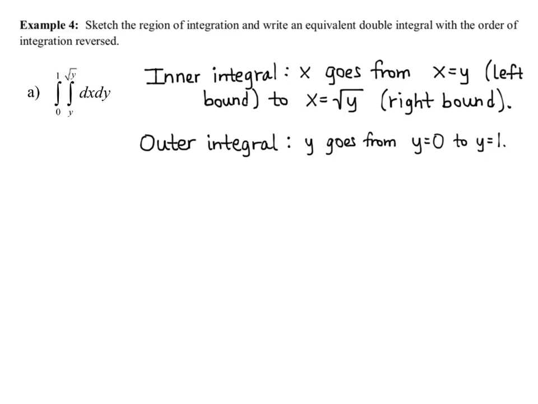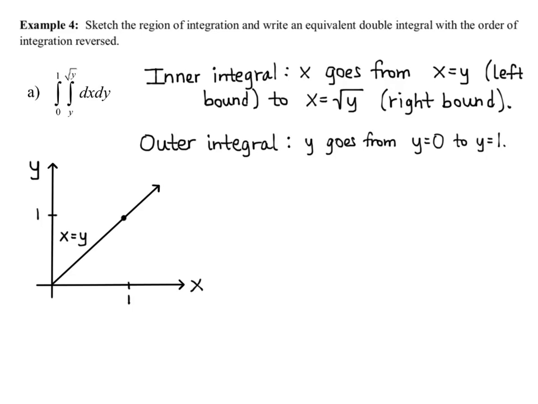To graph this, we'll start with the line x equals y. Then we'll graph the parabola, or half parabola, x equals the square root of y. We know that these graphs intersect at 0, 0, and 1, 1, and then we shade in the region.